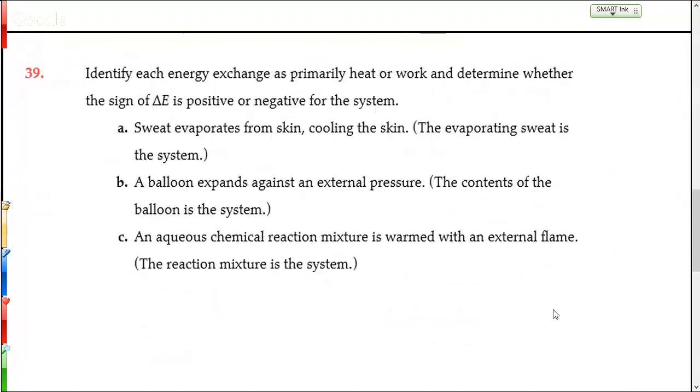So identify each energy exchange as primarily heat or work and determine whether the sign is positive or negative.